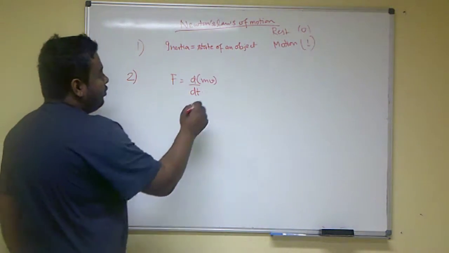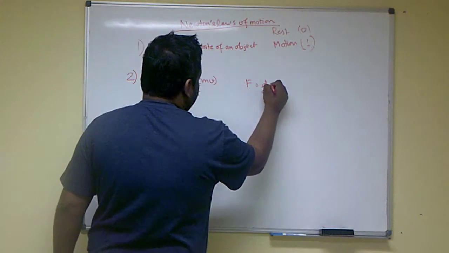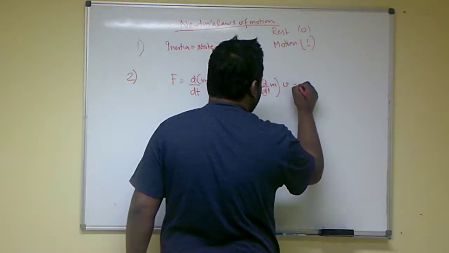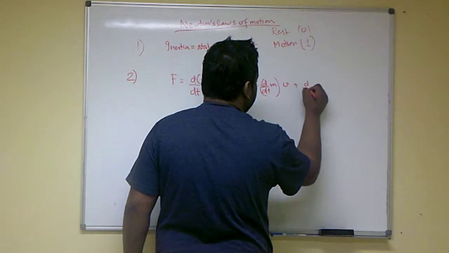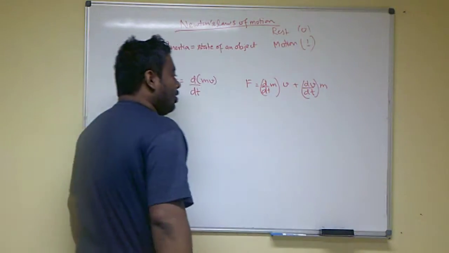Or if you write them together, basically what we are trying to do is say it will either change the mass at a constant velocity of that body, or it will change the velocity if the mass remains constant.